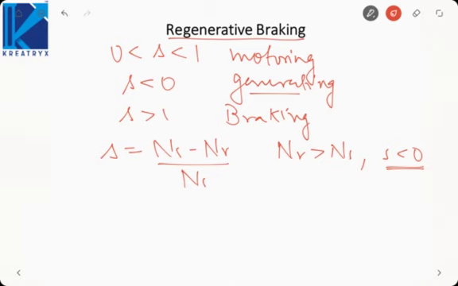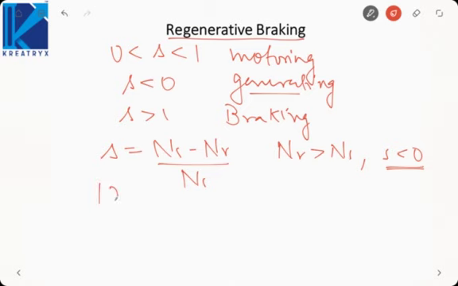Suppose the rotor is rotating at 500 rpm and synchronous speed is 600. Suddenly if I make the synchronous speed 300 rpm, then the rotor is at 500 but the synchronous speed is 300. So the rotor speed is higher than synchronous. It will start operating as a generator, and that is how it will convert the stored kinetic energy to electrical energy.